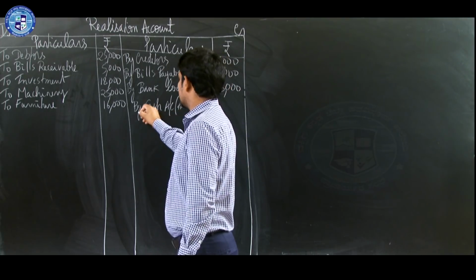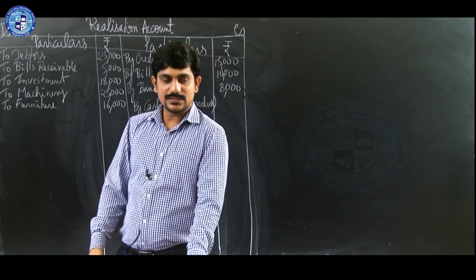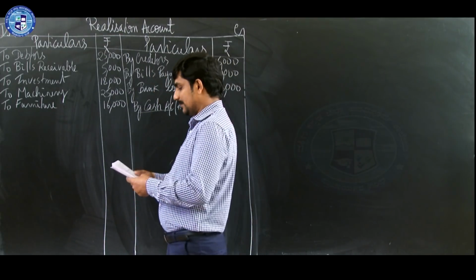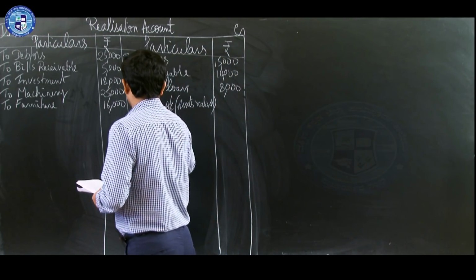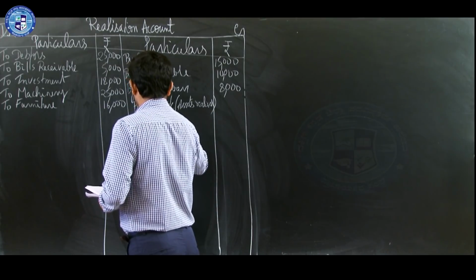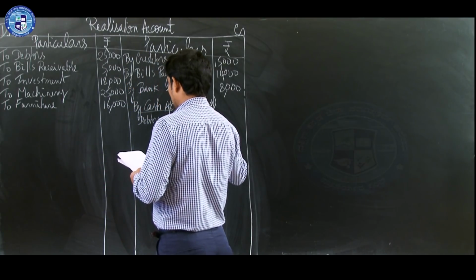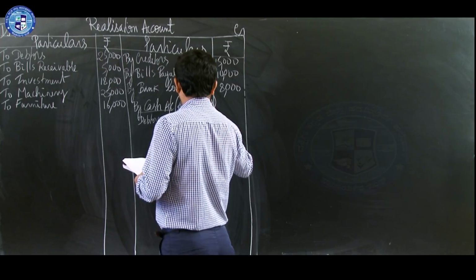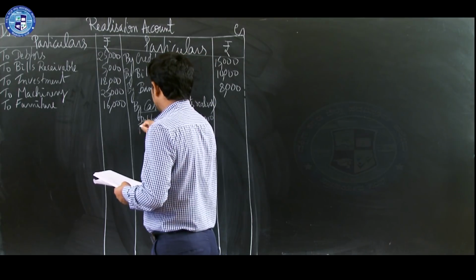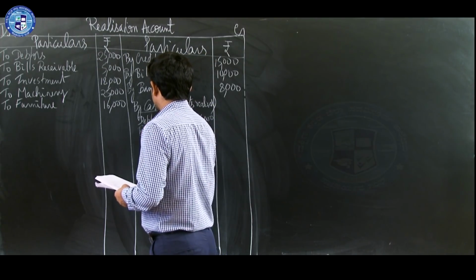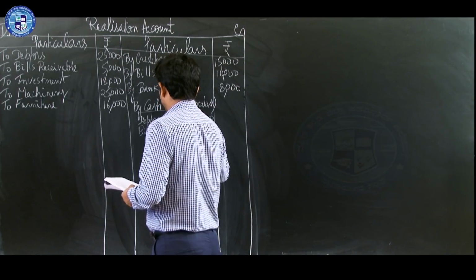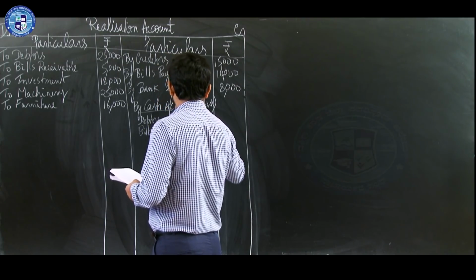Now which assets are realized is given one by one. Debtors 24,000. Next one is bills receivable, 4,000.